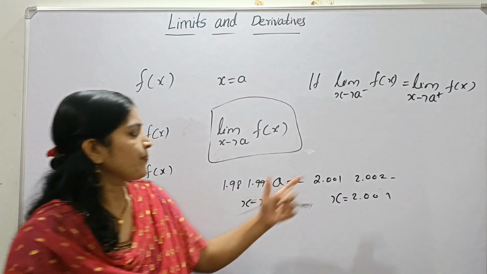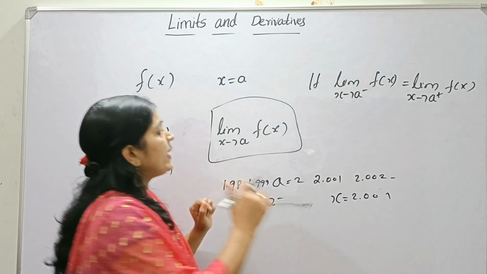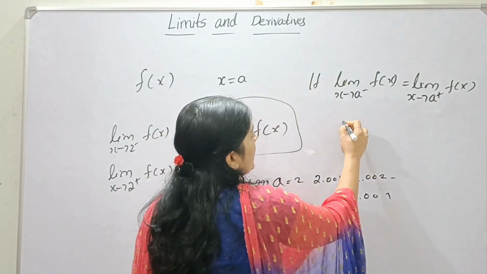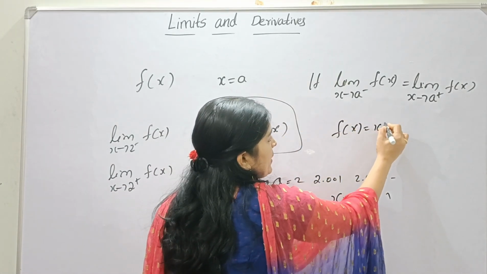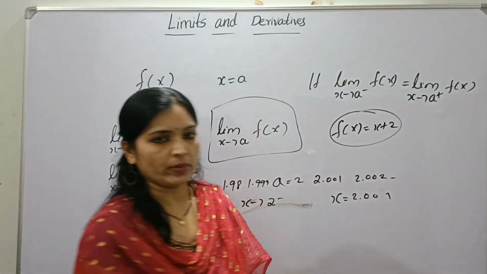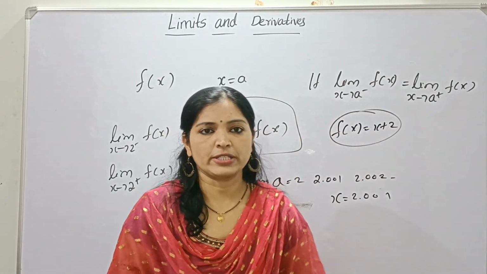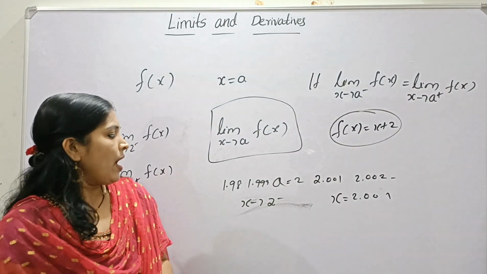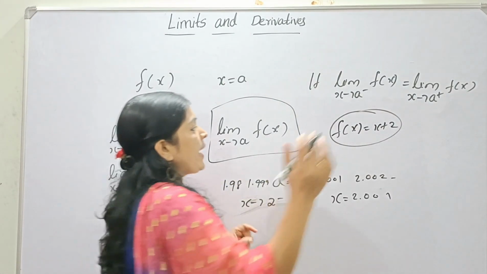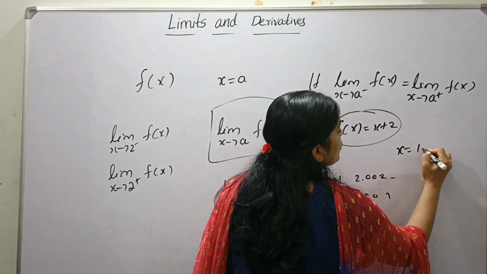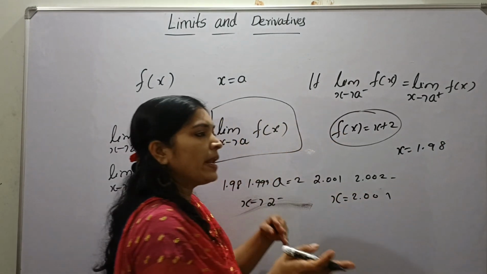Let us take one example. f of x is equal to x plus 2. Our function is this one. So when x is equal to 1.98, that means the left hand limit.